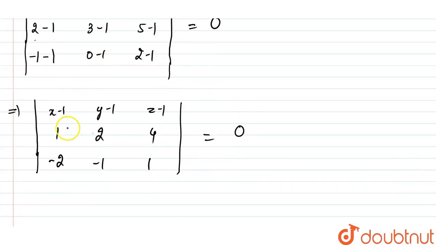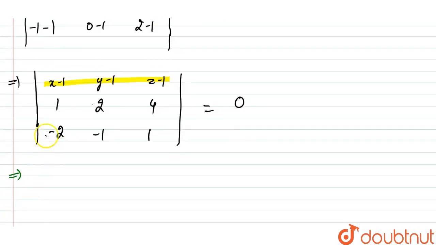Now if we expand this determinant along row number 1, this will be x minus 1 multiplied with 2 minus minus 4, which is 2 plus 4, that gives 6 here. This will be minus (y minus 1), so minus of (y minus 1) will be plus of (1 minus y).